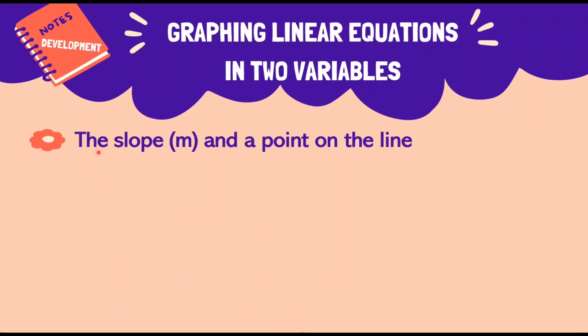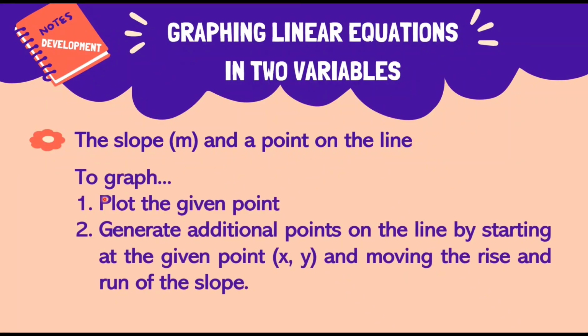Let us have the last way on how to graph the linear equation into variables. So, we have if the given is a slope and a point on the line. Okay, so to graph the given slope and a point on the Cartesian plane, let us consider the following steps. So, the first one, we need to plot the given point.